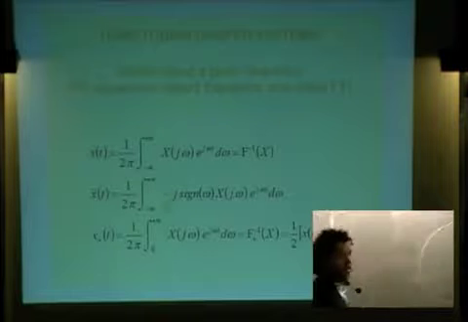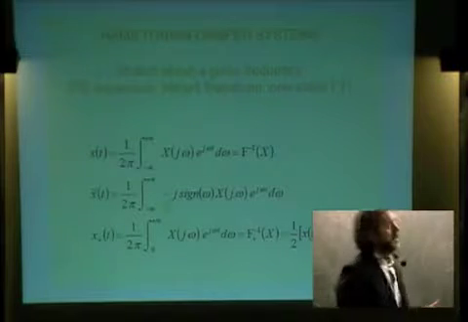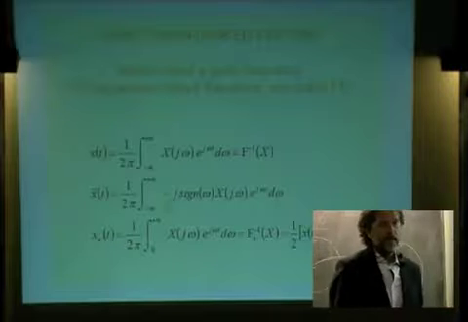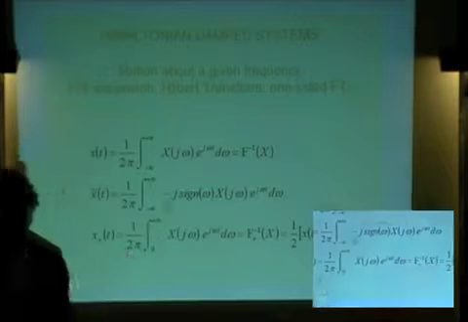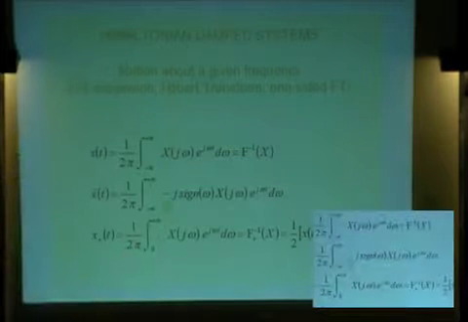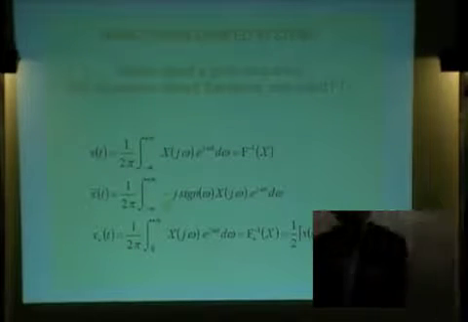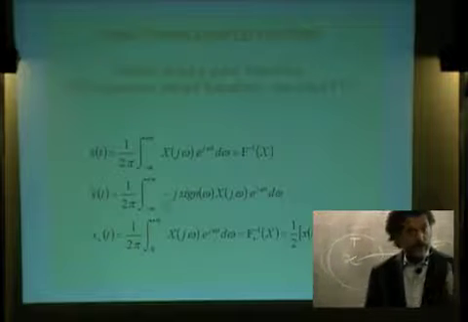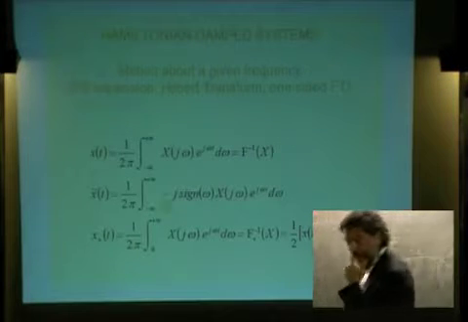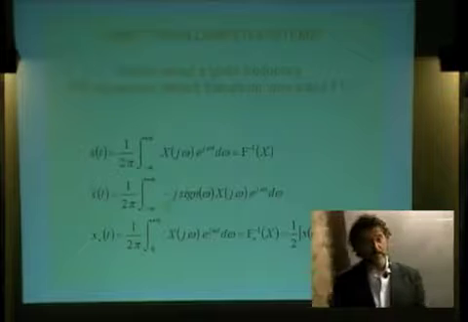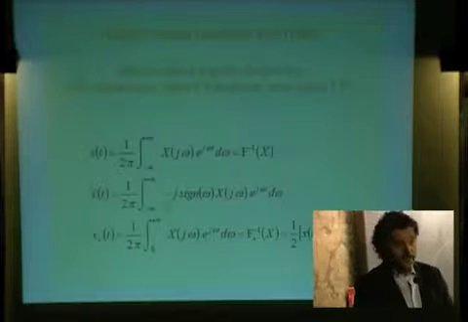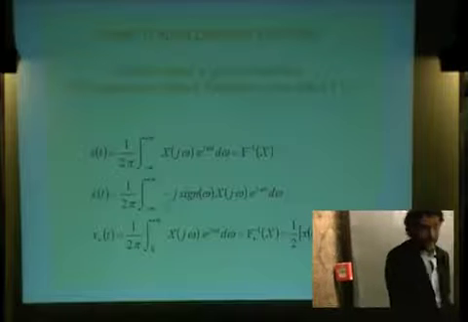In signal analysis, it can be called a phase shifter. You are multiplying each component by j, meaning that you are shifting each component by pi over 2 on one side and minus pi over 2 in the negative part of the frequency. Okay? It's quite easy.